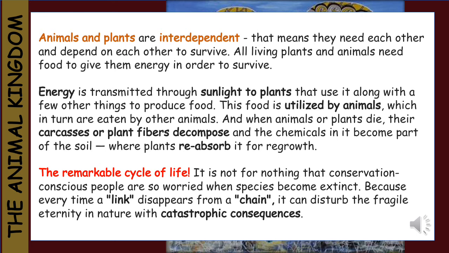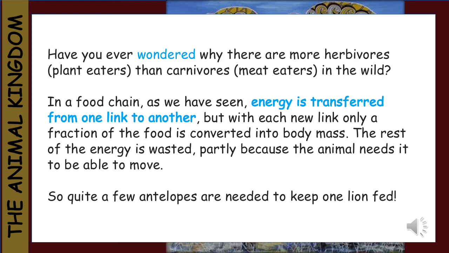It is not for nothing that conservation-conscious people are so worried when species become extinct, because every time a link disappears from a chain, it can disturb the fragile eternity in nature with catastrophic consequences. Have you ever wondered why there are more herbivores than carnivores in the wild?